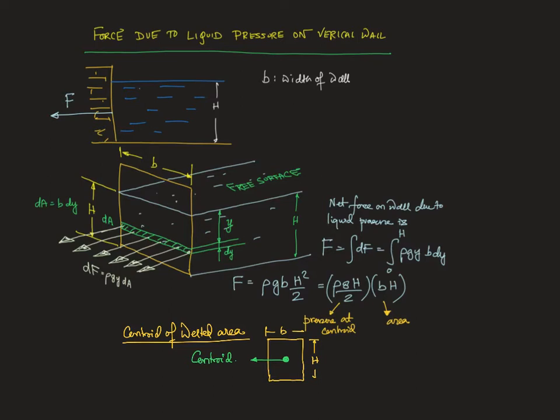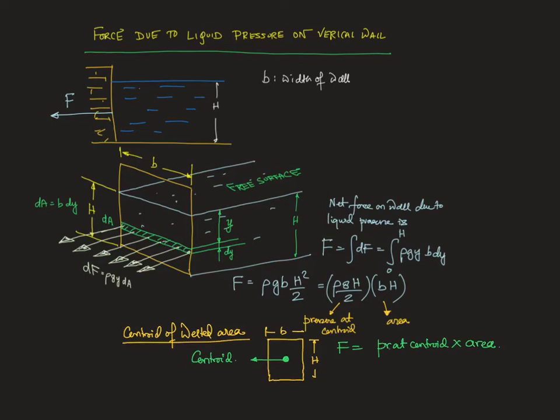That is the meaning of centroid of area. So this is the general formula: F equal to pressure at centroid multiplied by the area, that is the wetted area.